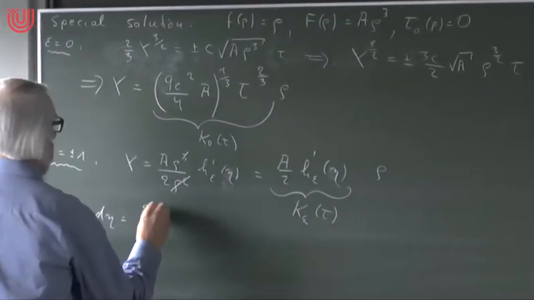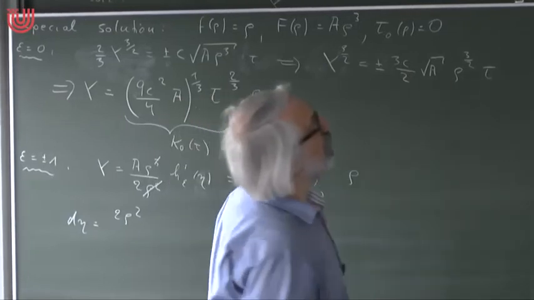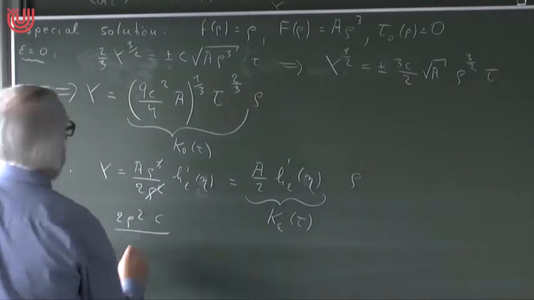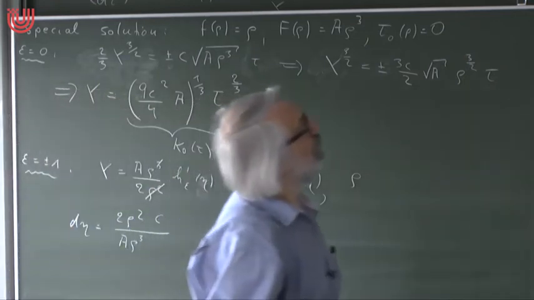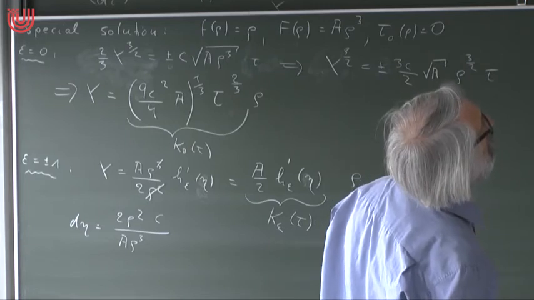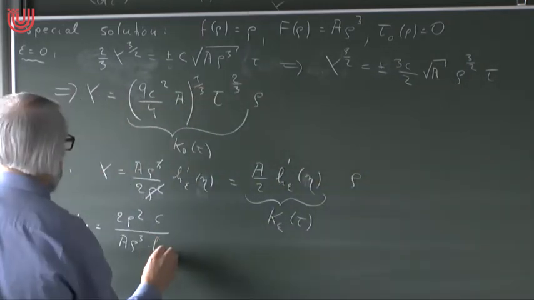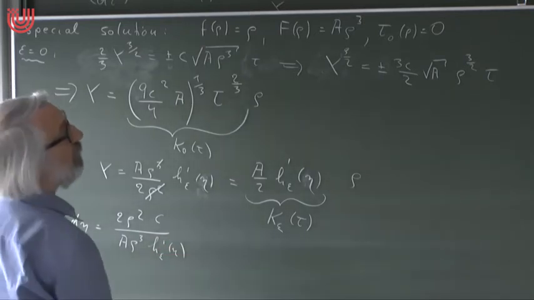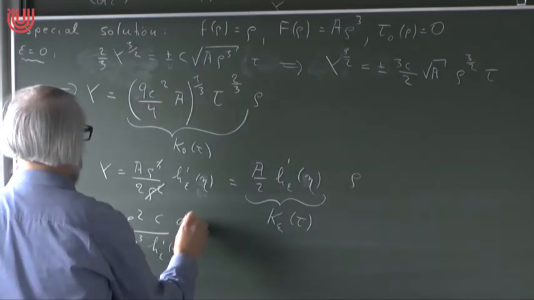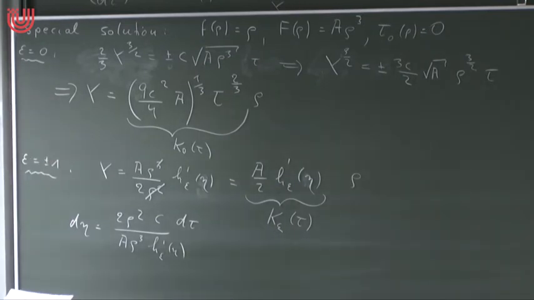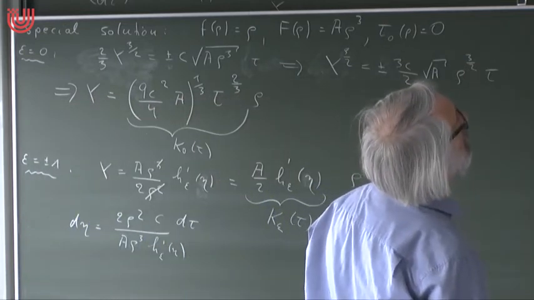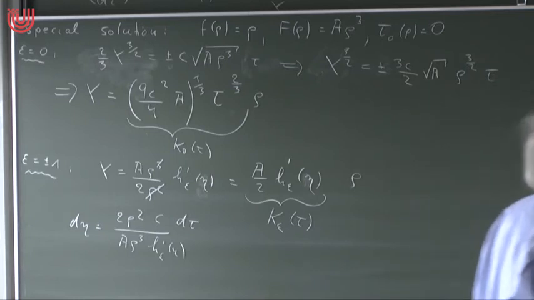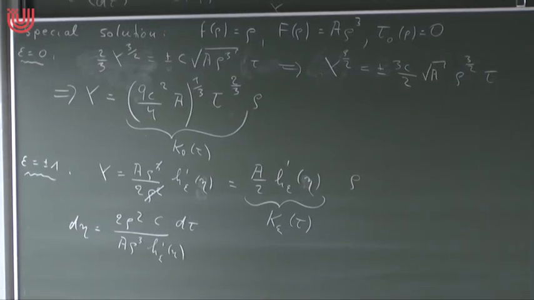The eta is 2 times f of rho squared, which in our case is 2 times rho squared times c, divided by capital F, which is a times rho cubed, divided by h epsilon prime of eta d tau. Why do I have a square there? Wait a minute. Oops.